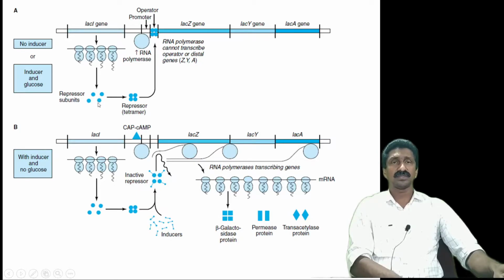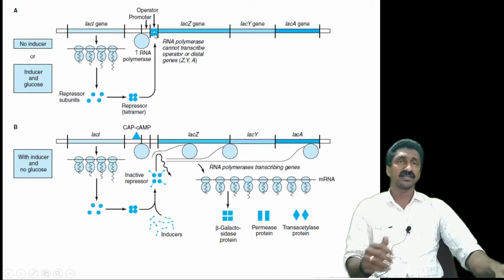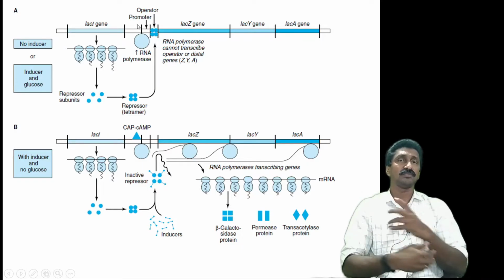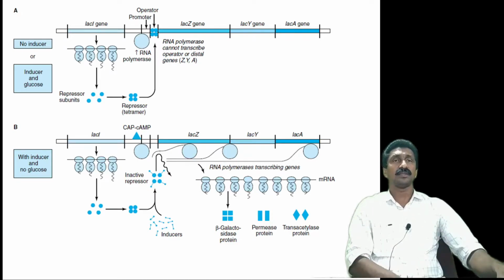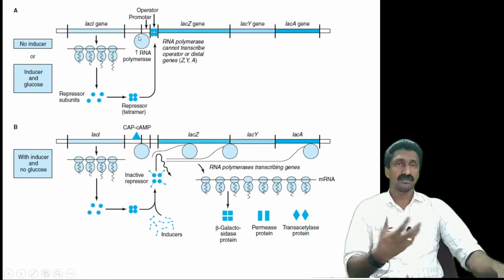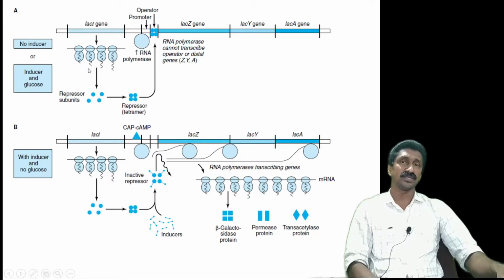Repressor proteins are produced, and the tetramer of the repressor protein will bind to the operator region, effectively blocking the transcription. The RNA polymerase can bind to the promoter region, but that binding will not be strong in the absence of the cyclic AMP-CAP complex, which is a positive regulation element. So the distal genes Z, Y, and A cannot be transcribed because of this block and because of the feeble binding of the RNA polymerase in this system.